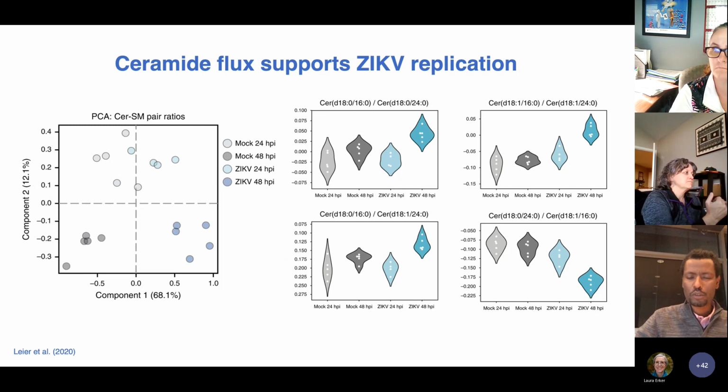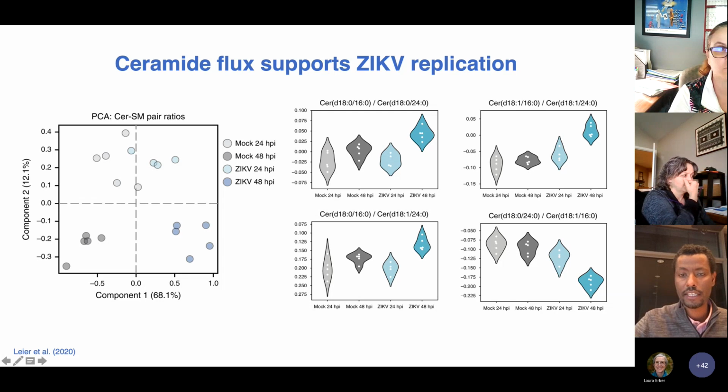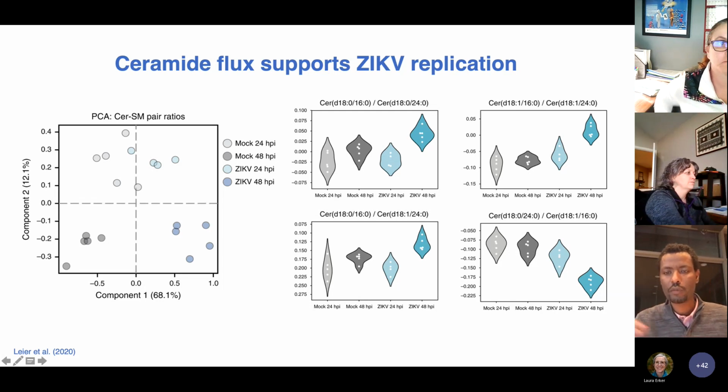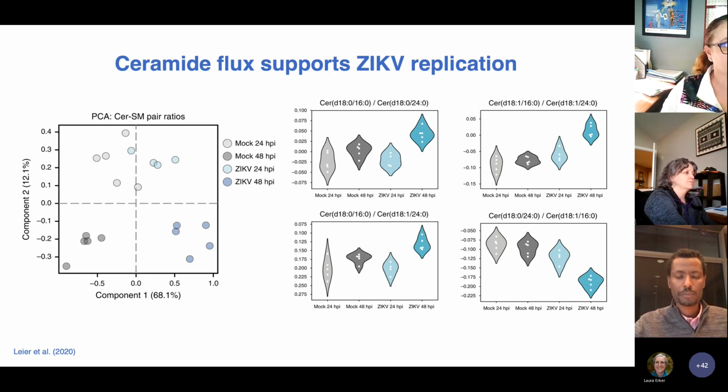So we went back to our lipidomic data, and what we did was that we looked at the level of ceramide, the short chain, the D18 and 16 acyl chain species, versus the long chain, for example, the 24 carbon species.